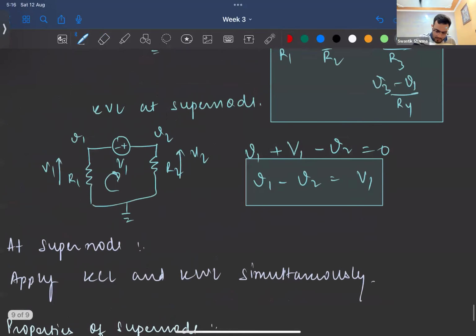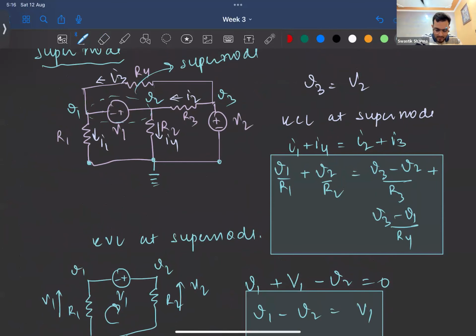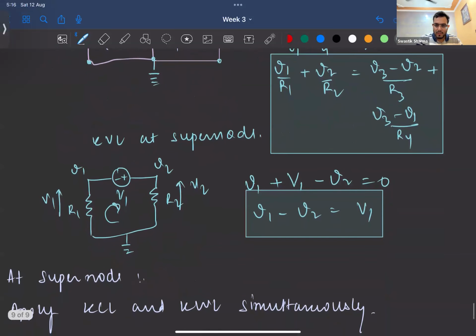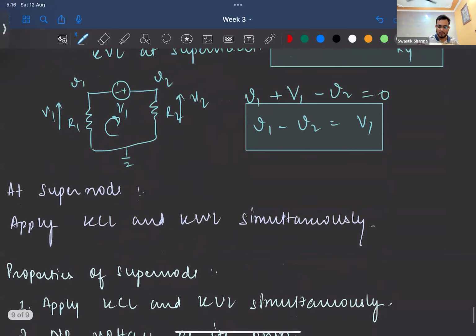Basically, capital V1 is just the difference between the voltages at the two nodes. It does not have a voltage of its own. It's just that the difference between the two nodal voltages is equal to the voltage between those two nodes, right?